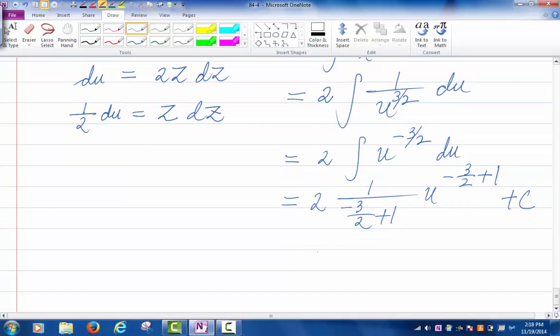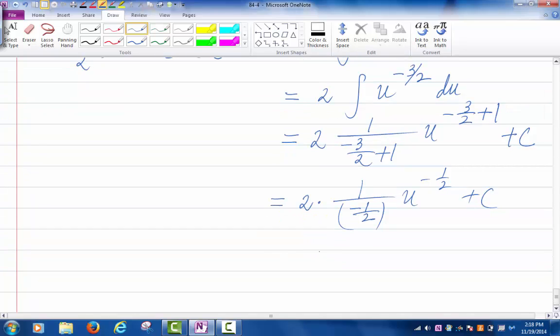And what is that? Well, this would be 2 times, what is 1 minus 3/2? That's a negative half here, right? And then u to the negative half plus a c.